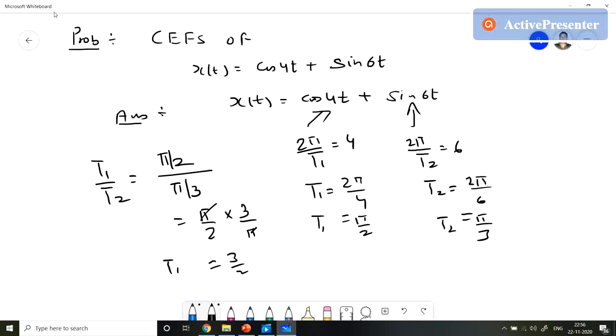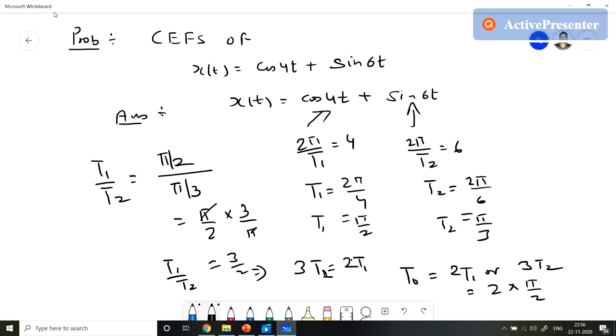So we can write 3T2 is equal to 2T1. So the fundamental time period is 2T1 or 3T2, and that is equal to 2 into pi by 2, that is equal to pi.